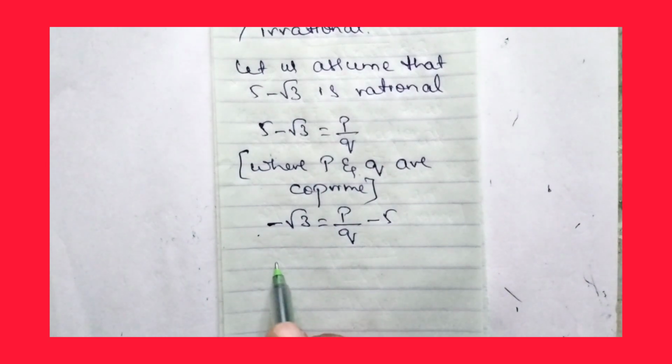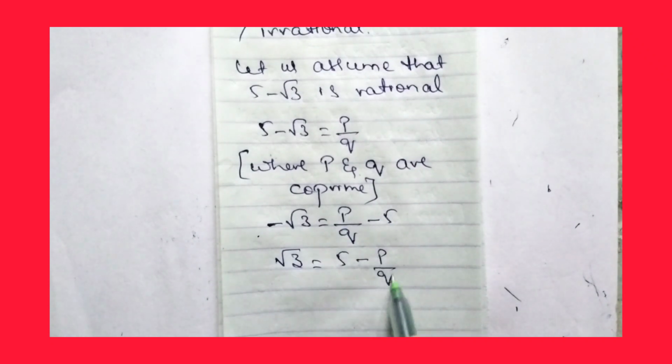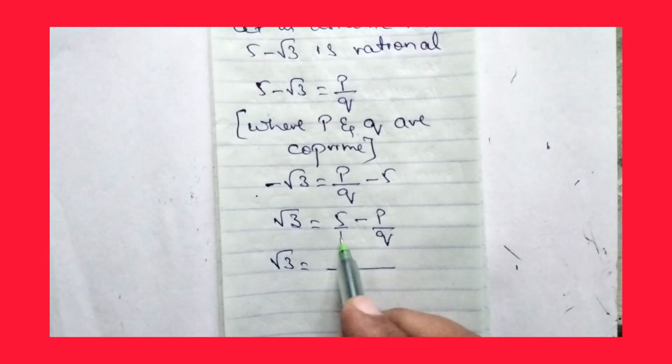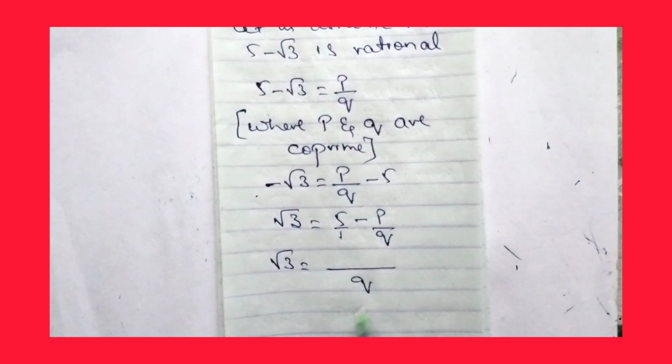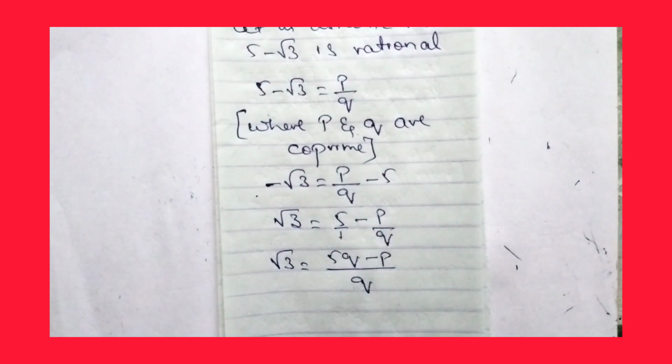So minus root 3 becomes plus root 3, minus 5 becomes plus 5, and plus P by Q becomes minus P by Q. So now root 3 is equal to, take the LCM for Q and 1. So LCM for Q and 1 is Q. Q into 5 is 5Q, minus 1 into P is 1P. So now root 3 is equal to 5Q minus P divided by Q.